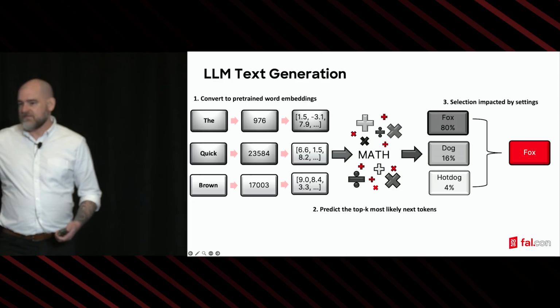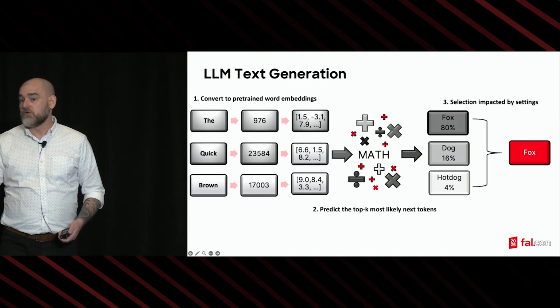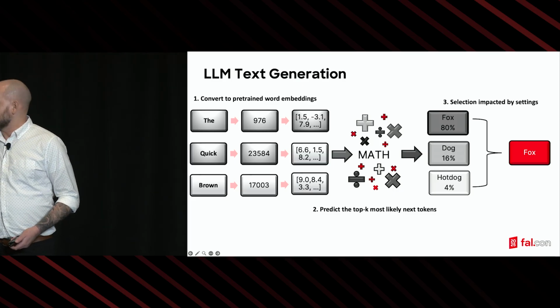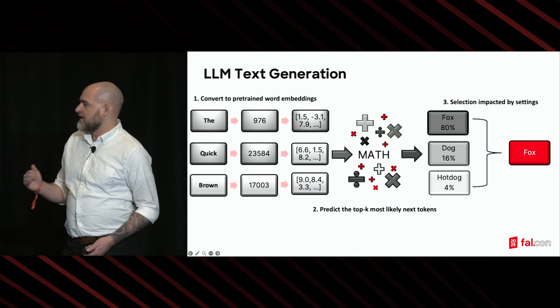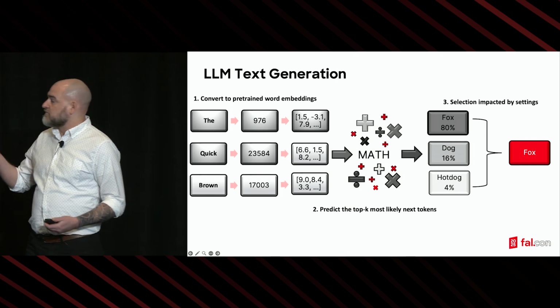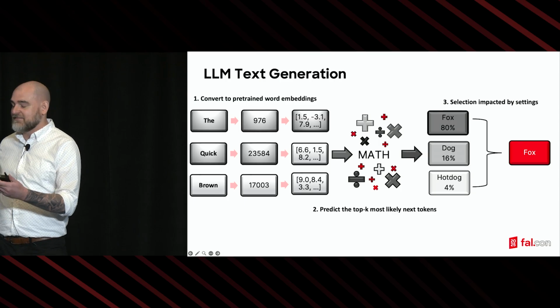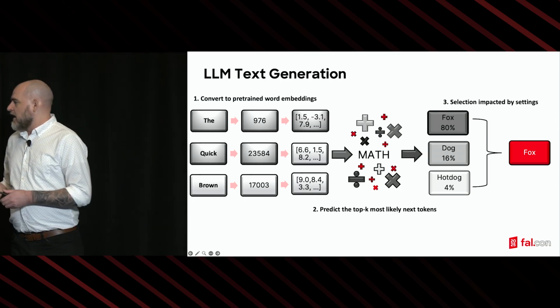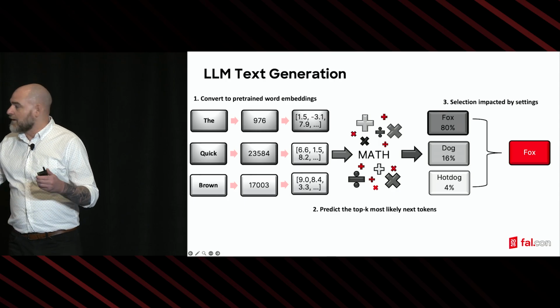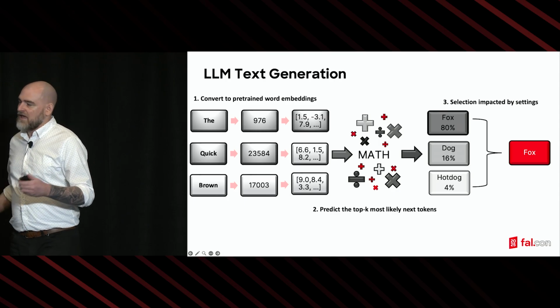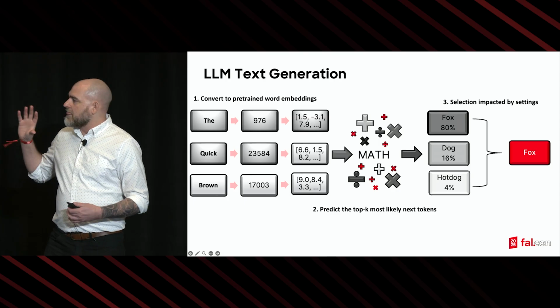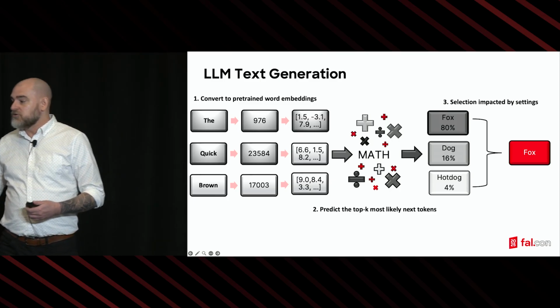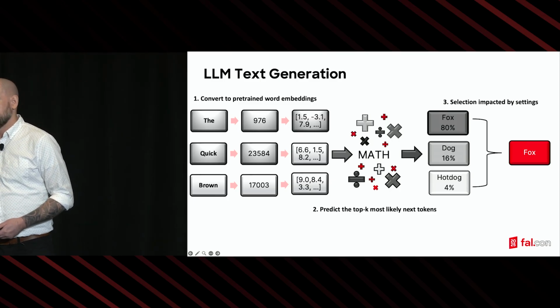So Fox is always going to be statistically the most likely next token, but now maybe it's only at 16%. And dog is much closer to that, maybe 15%. And hot dog, which is actually two tokens, don't judge me, hot dog is all the way up to 12%, and these are always going to sum to 1. But the point is that we increase the likelihood of these other tokens being selected.